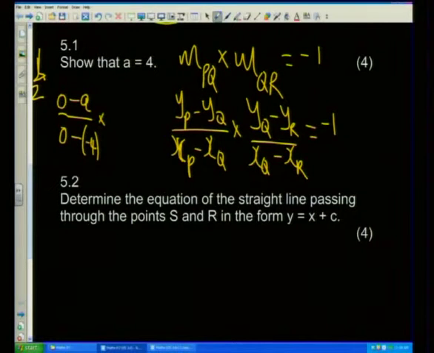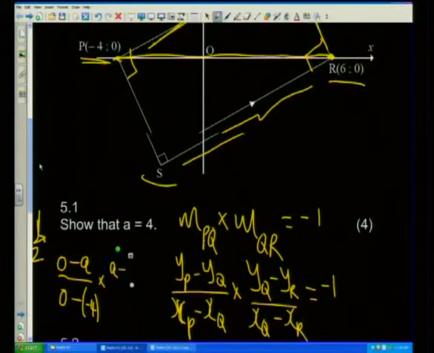That we're going to multiply by the y at Q, which is A, and we take away the y at R, which is 0.